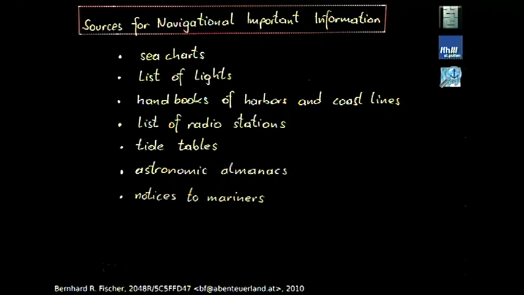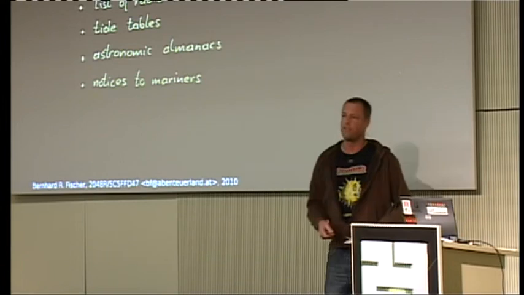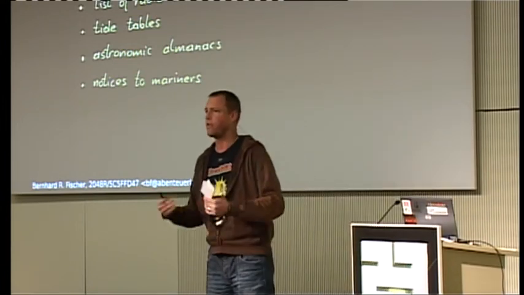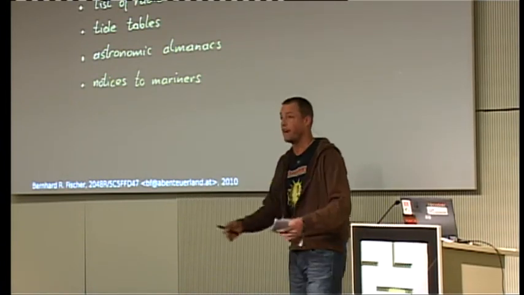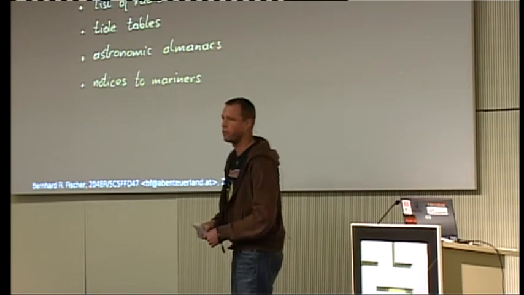We have a list of radio stations which you need for making contact with VHF radio. We have tide tables, astronomical almanacs, and the notices to mariners, which cover errors and corrections for errors that are actually in some of those sources that we use.